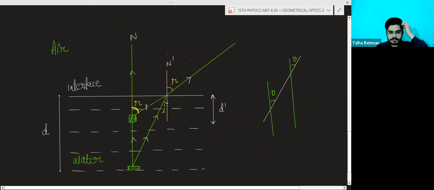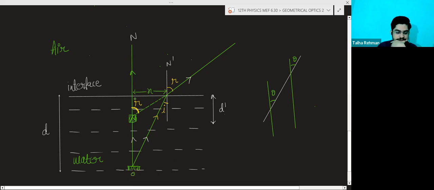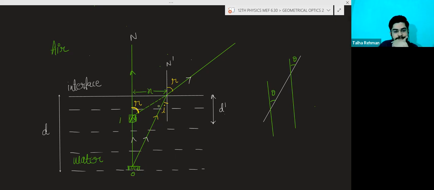This is the concept that I have used here. For example, this distance I am supposing x, and this is, suppose, O. And this is the image we are getting. O means object, I means image.